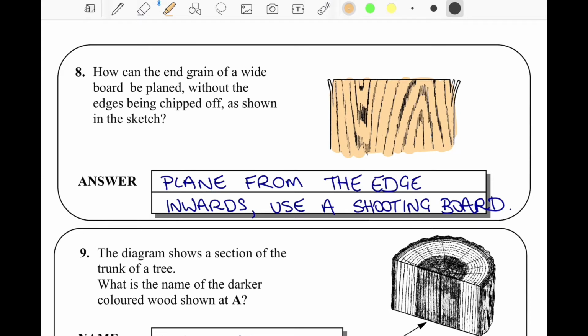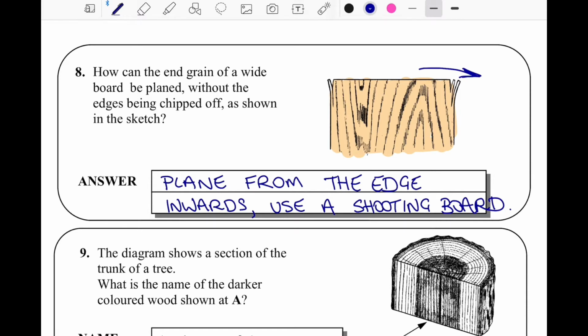You've done it with your chisel. It's the same sort of effect. So in other words, if I go this way with the chisel or the plane, I will naturally break the grain of the timber and knock the chips off. So that's what's happening. So how do I counteract that?